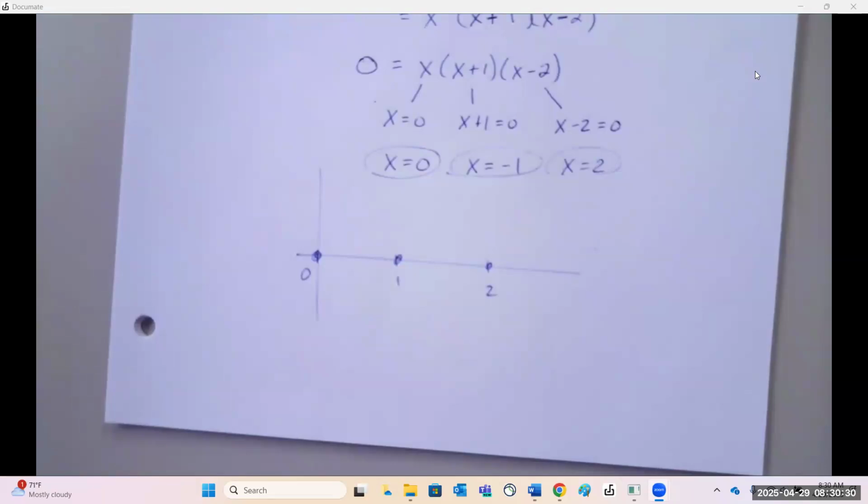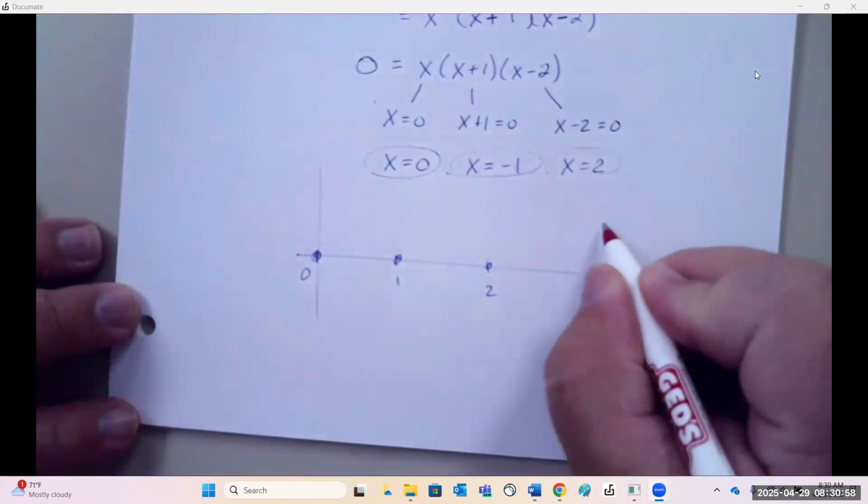We should know that by now from algebra and pre-calculus. What's the graph going to look like of this function? Is it going down like a hook line? It's going to be a curve because it's an exponent, right? But what's it going to look like?